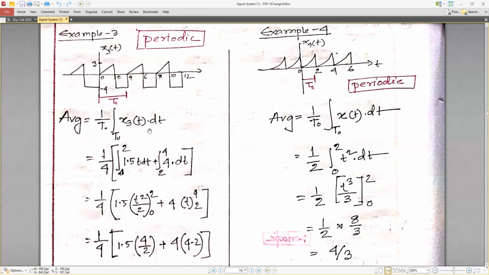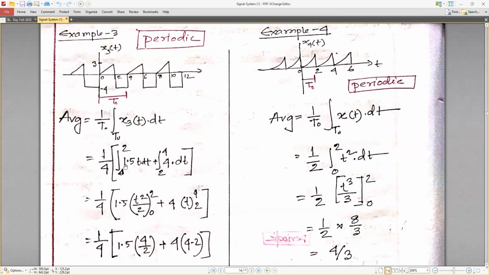So t naught is this one. That is repeating. So 0 to 4, 1 by t naught, that means 1 by 4. Here first thing, 0 to 2, then 2 to 4.